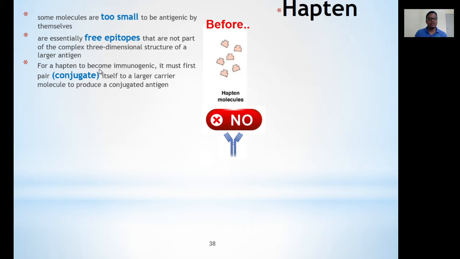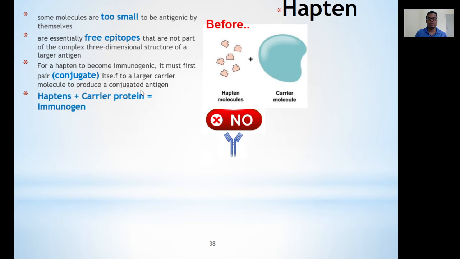For a hapten to become immunogenic, or able to stimulate an immune response, first it must stick to a conjugate, or pair itself to a larger carrier molecule to produce a conjugated antigen. So if the haptens stick to the carrier molecule, they now become immunogens.